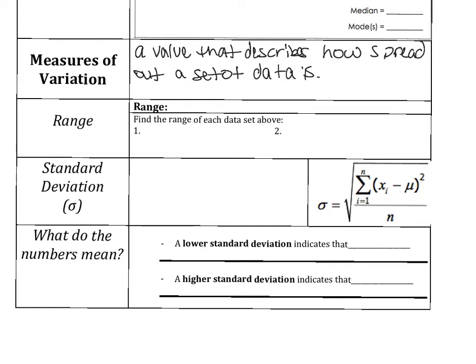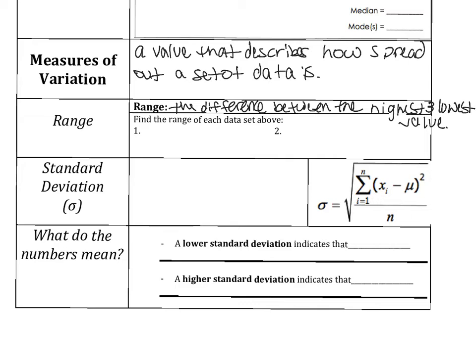The first way we measure how spread out a data set is finding the range. The range of a data set is simply the difference between the highest and lowest value in a data set.